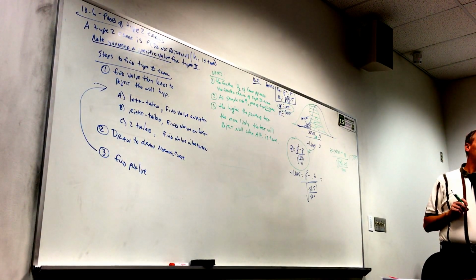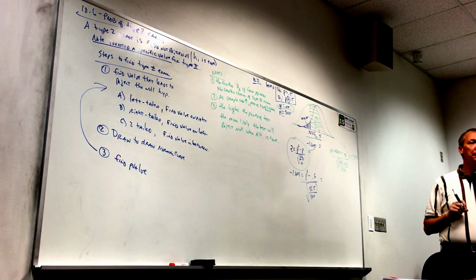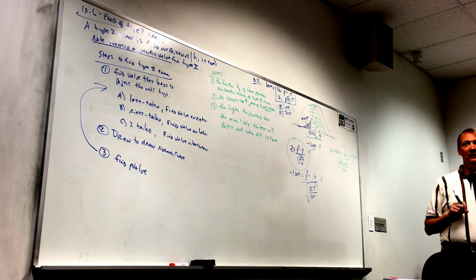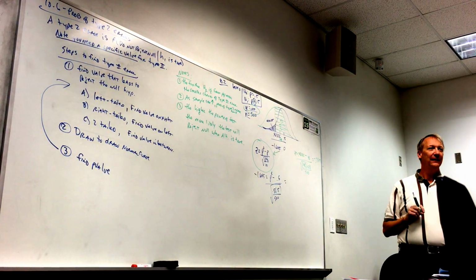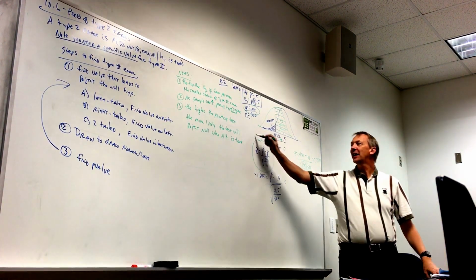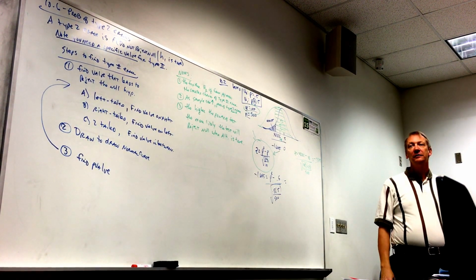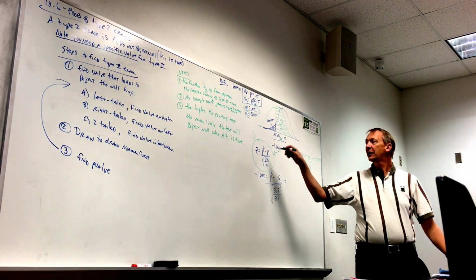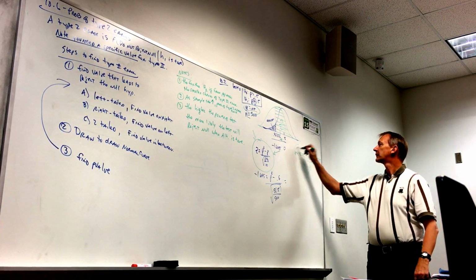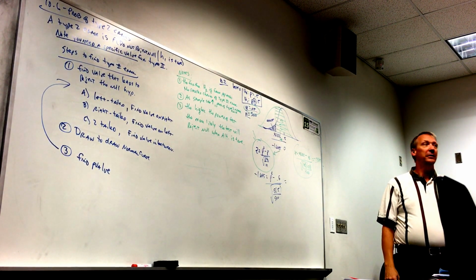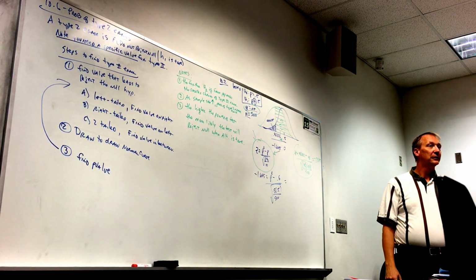It totally does. I'll probably still screw it up, but. You won't be the only one. So just think about how you decide whether it's a Z, whether it's a T, what the assumptions are. And then you can pick this equation, and then you're just going to reuse it a couple of times. And draw a picture, because this is going to be almost impossible to do without a picture.